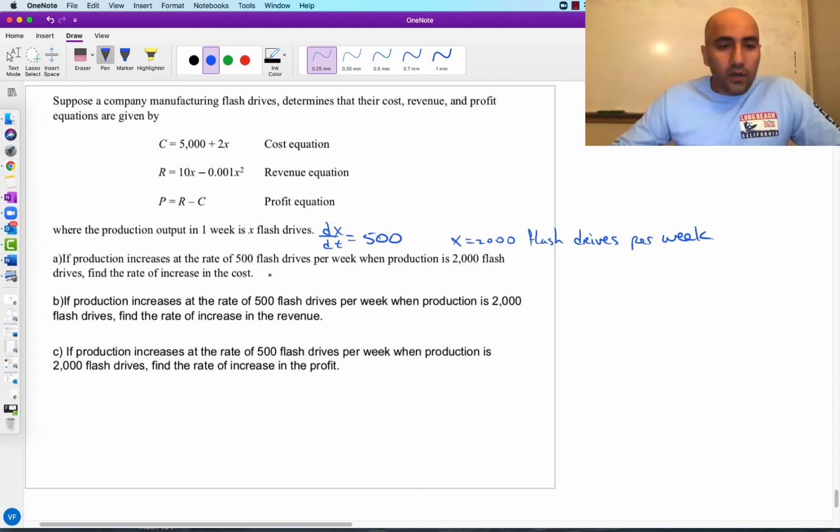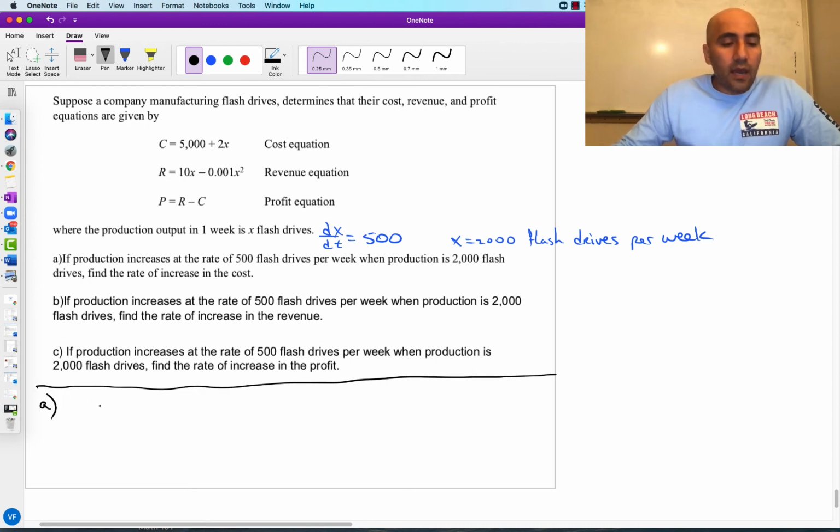For part A, we're interested in this formula. So let's come back over here. I'm going to box off this whole thing and say for part A, I'm interested in the cost function. Cost equals, and it's a function of x, so another thing you could do is rewrite this as C of x equals 5,000 plus 2x. We're interested in the derivative of this.